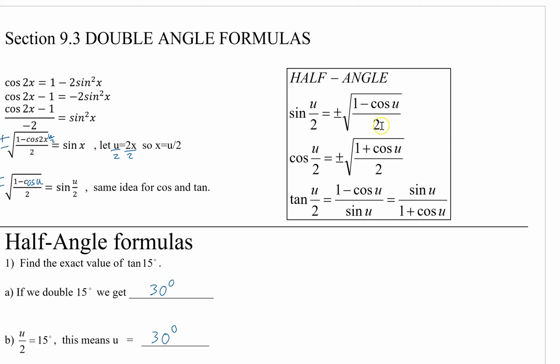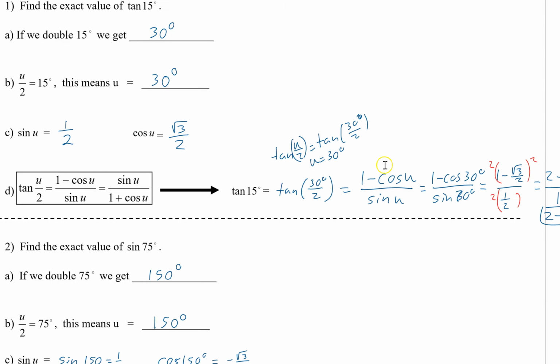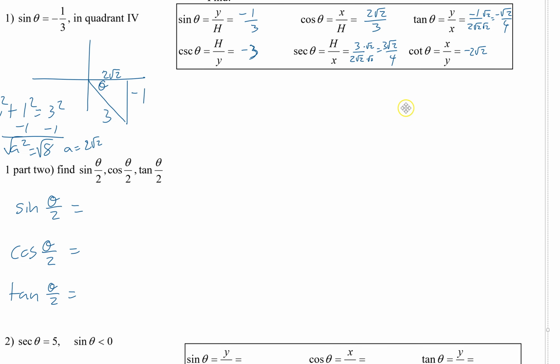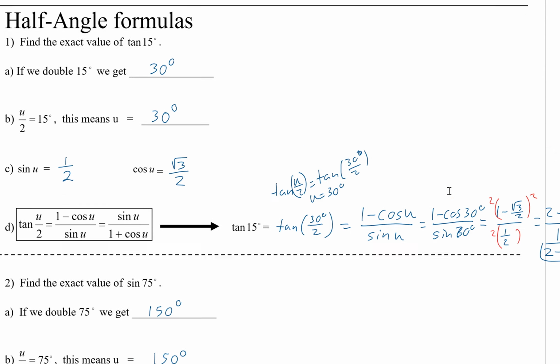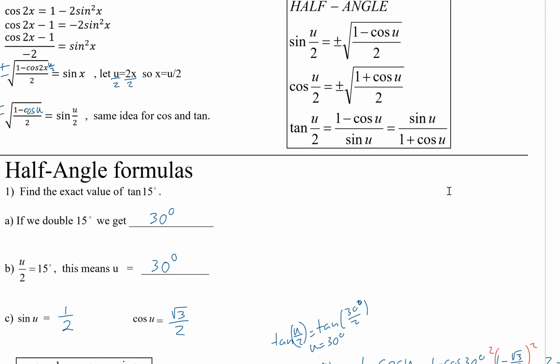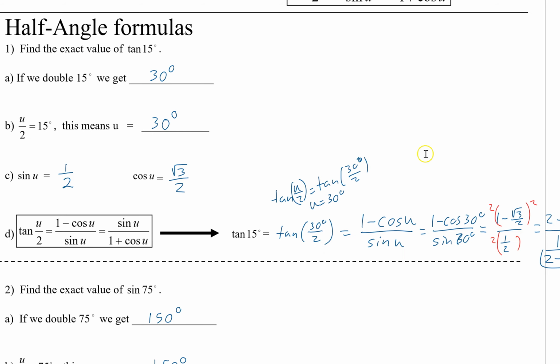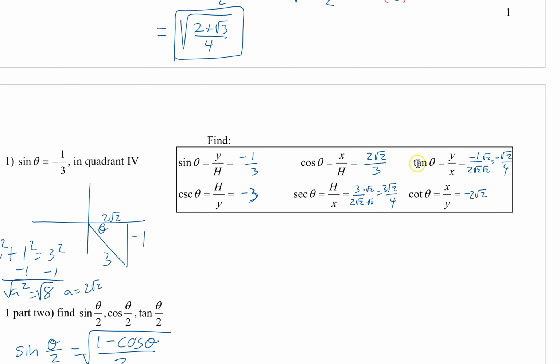So we have 1 minus cosine u over 2, 1 plus cosine u over 2. 1 minus cosine theta over 2. And you can even see how it's written. And this is 1 plus cosine theta over 2. And then tangent is, we'll pick that one, 1 minus cosine u over sine.